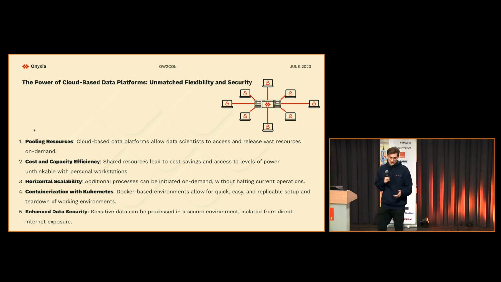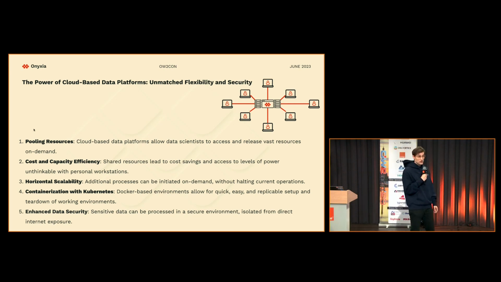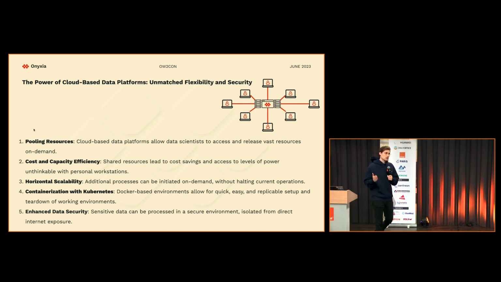And when they're done with it, you can release the resources to be used by someone else. So it's like car sharing, but for computational power. It's very efficient, and it enables things that would be impossible, like having 1 terabyte of RAM, which is unimaginable on your computer.